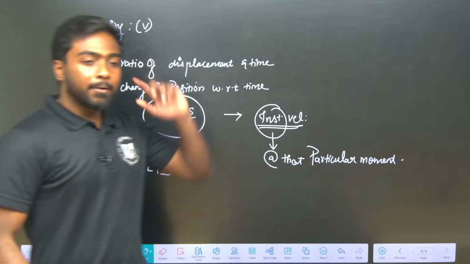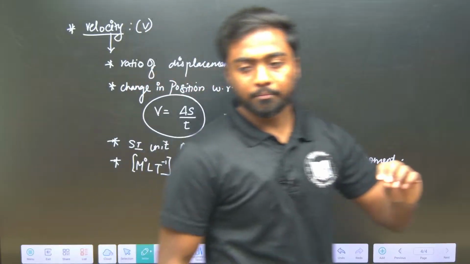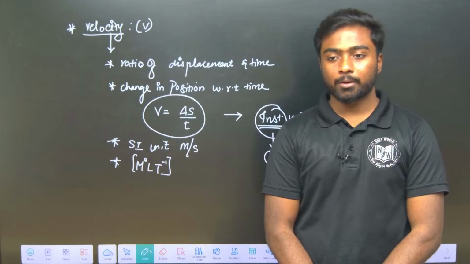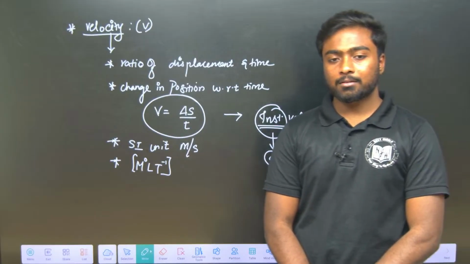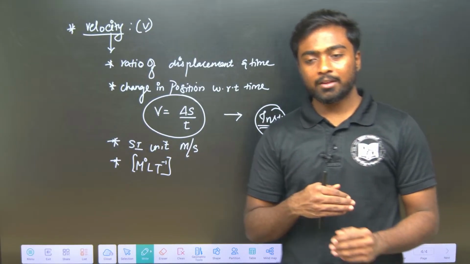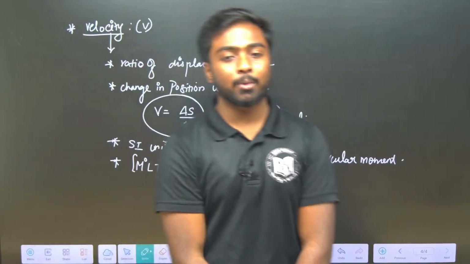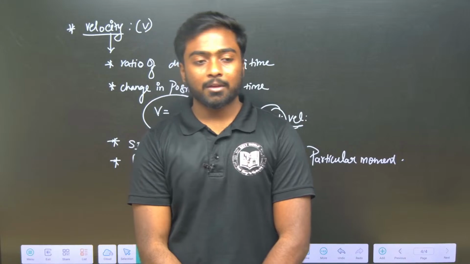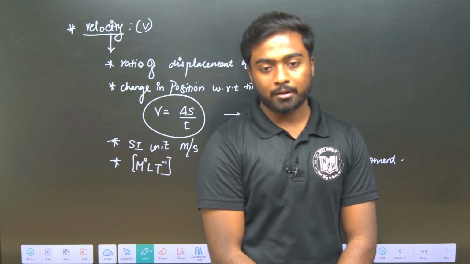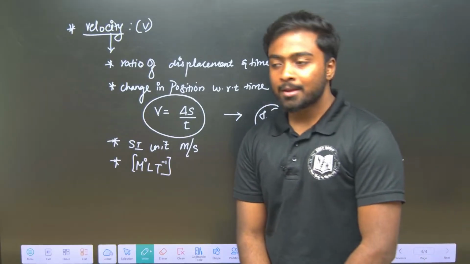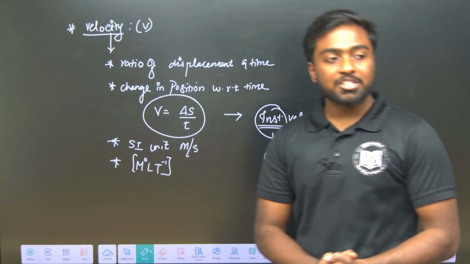Suppose a person is driving a vehicle from Hyderabad to Vizag. When he is traveling in between at any place, I ask what the velocity is, and he says something like 80 kilometer per hour. That is my instantaneous velocity.